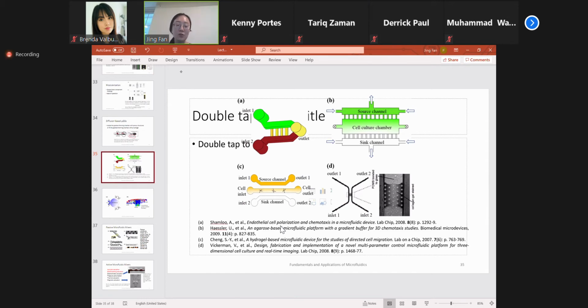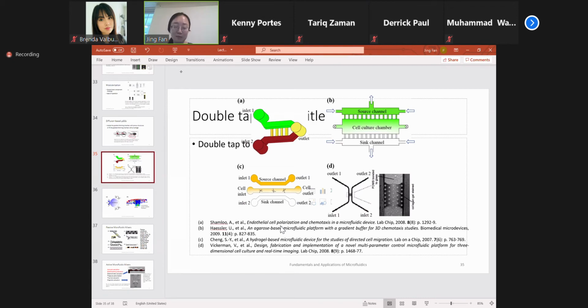Because the hydrogel has the same function as a porous membrane or microchannel array, it eliminates flow as well. And if we apply a concentration in the hydrogel above the chamber, then this chip can also generate a 3D concentration profile, right?